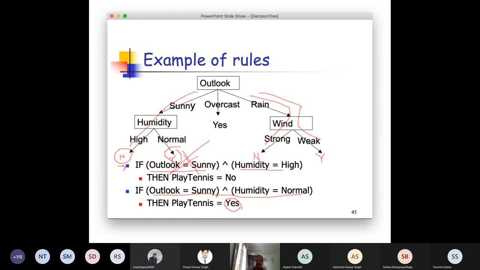So it becomes only: if humidity equals high, then PlayTennis equals no. Then you see from your training examples how many of them are getting satisfied using this rule base, and how many of them are wrongly labeled, because you will be predicting and you can compare with the given training data. So that is your performance.